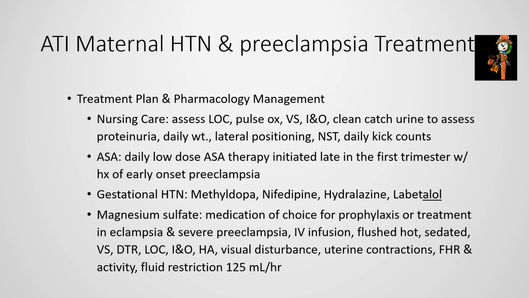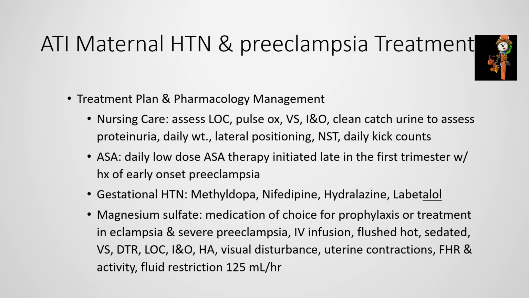Nifedipine is a calcium channel blocker. I don't think you need to memorize this right now. We'll go over it again. Hydralazine is an arterial vasodilator, and labetalol is a beta blocker. So we'll go over those, but just know that there are medications that we use for gestational hypertension to control the level of the blood pressure.